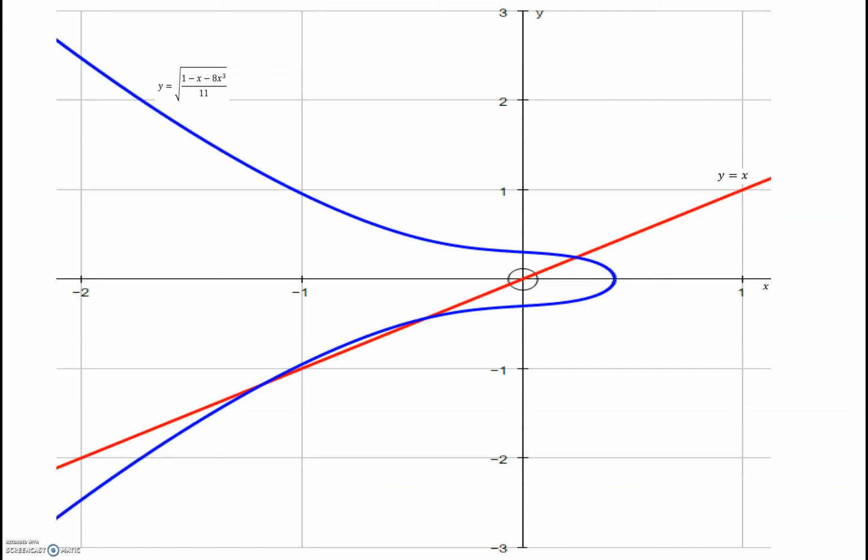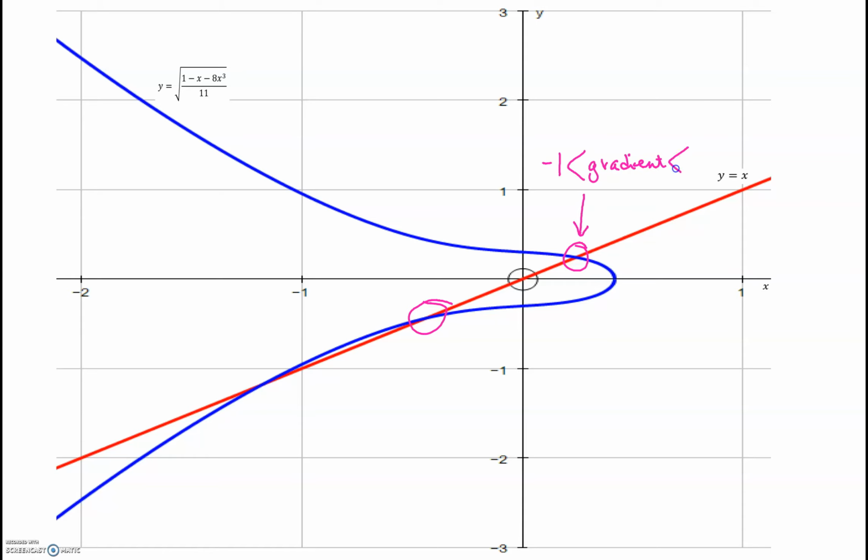Well, I've gone back to our original graph of the two equations, y equals x and y equals the root of 1 minus x minus 8x cubed over 11 all square rooted. And we're looking at the points of intersection. Now, these 2 points of intersection, you can see that the gradient of the blue curve is, in this point here, a negative gradient, but it is between -1 and 1.